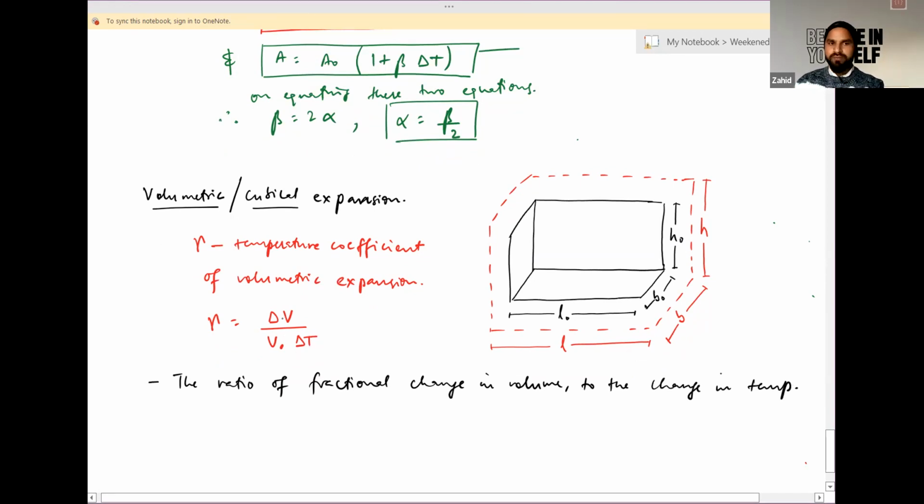Now, change in volume and volume have the same unit, so they cancel out each other, and you are left with delta T only. So the SI unit of this will be Kelvin inverse or Celsius inverse.